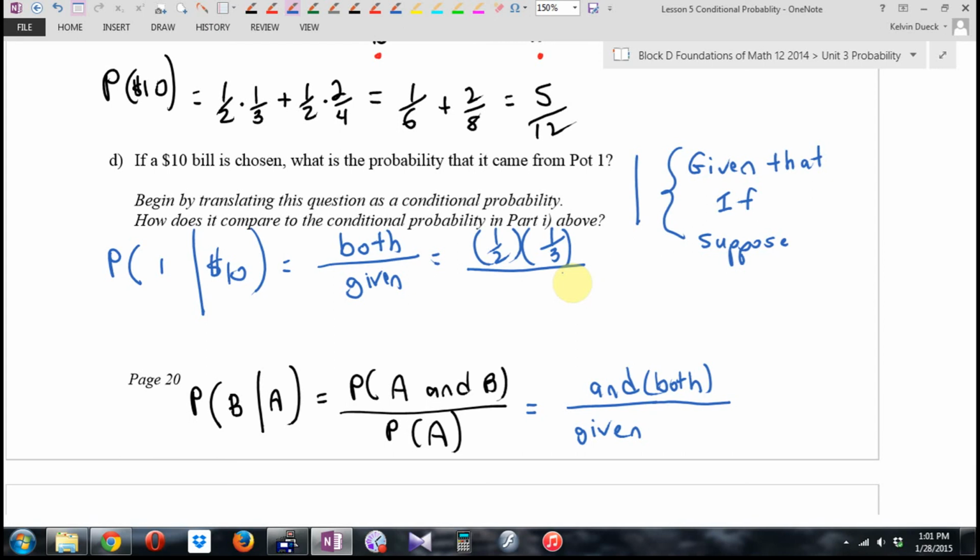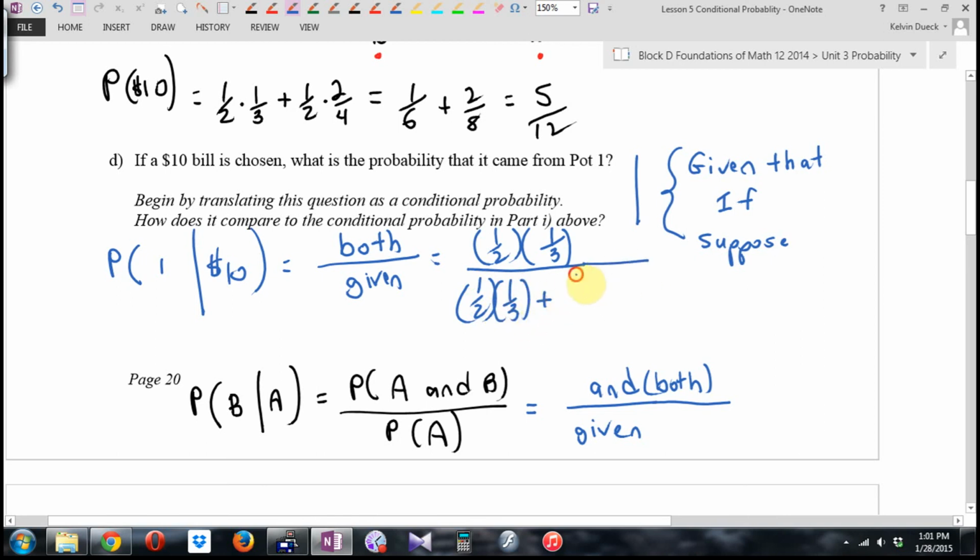The first branch is 1 out of 2, 1 out of 3, or 1 out of 2, 2 out of 4. Right? You guys see, I have to keep this. I can't fit the tree and this on there. But look at the tree, right?